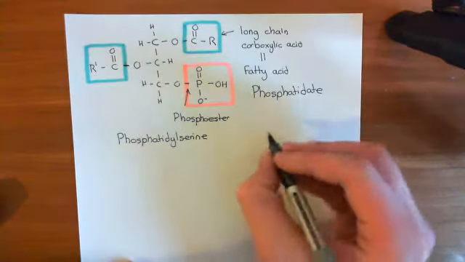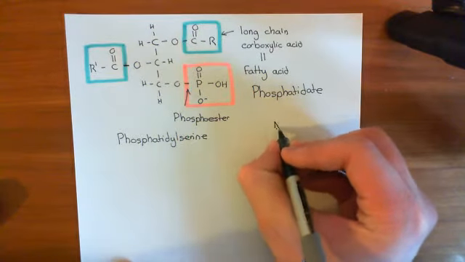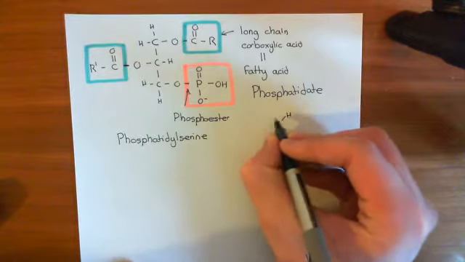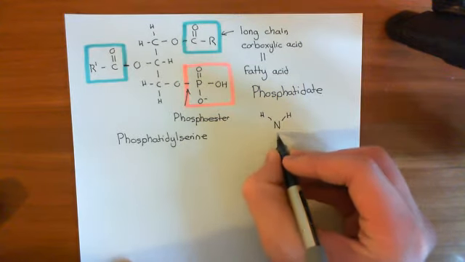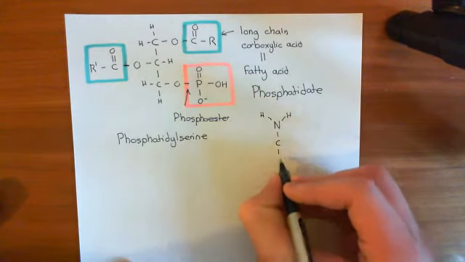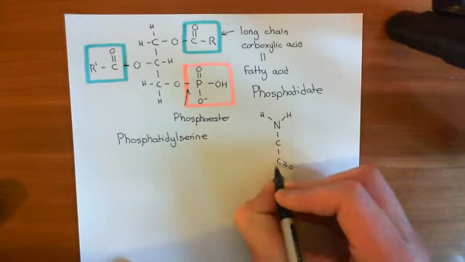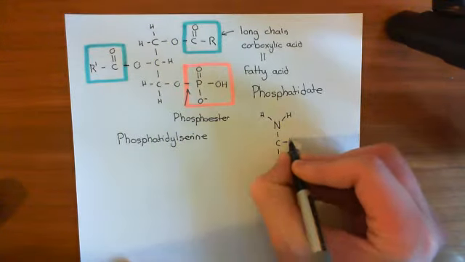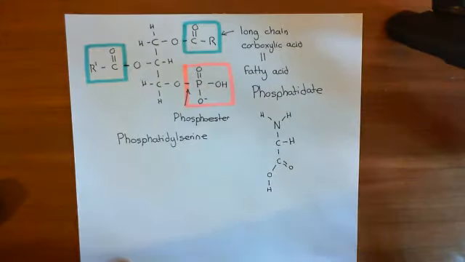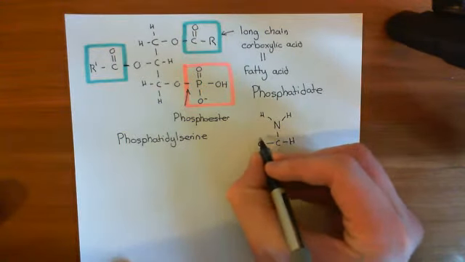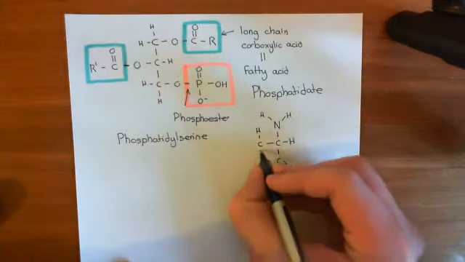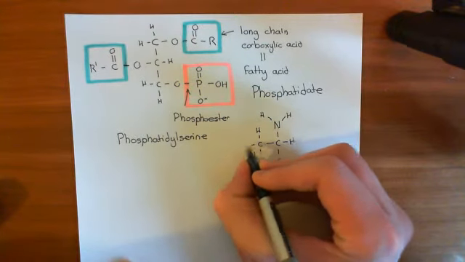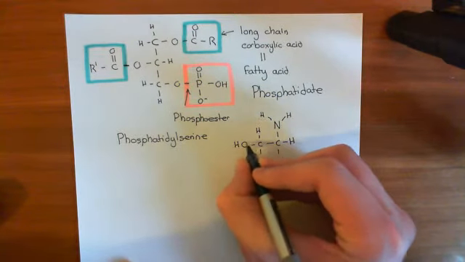So let me remind you of the structure of the amino acid serine. Here's the amino group, here's the alpha carbon with the carboxylic acid group down here. That's just the core generic structure of an amino acid. Here's the hydrogen coming off the alpha carbon, and then the R group of serine is a methylene group like so, and then a hydroxyl group coming off here.